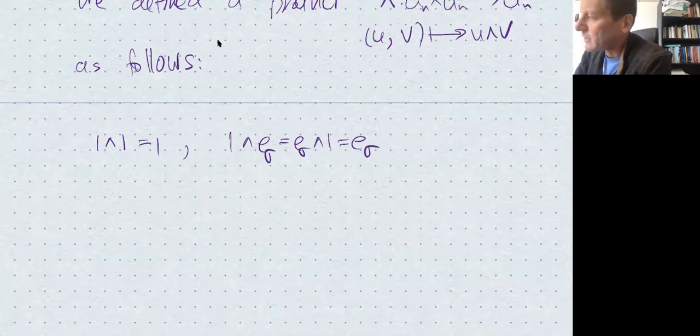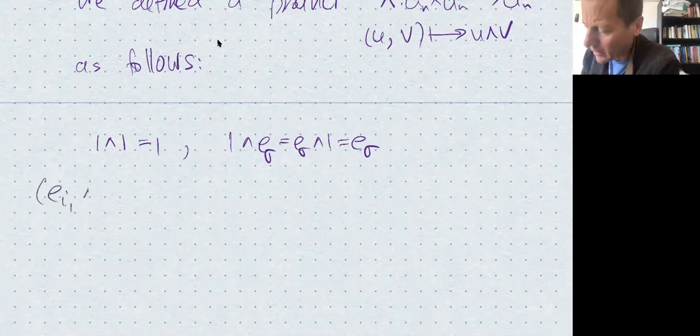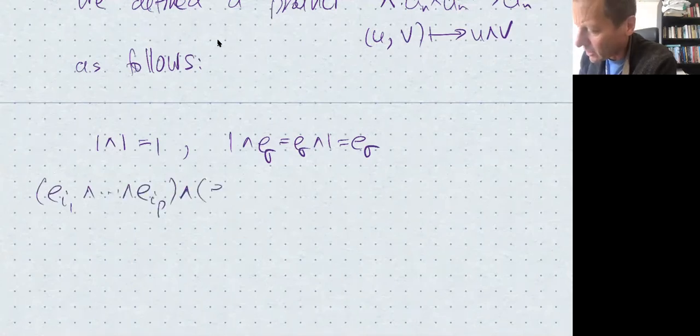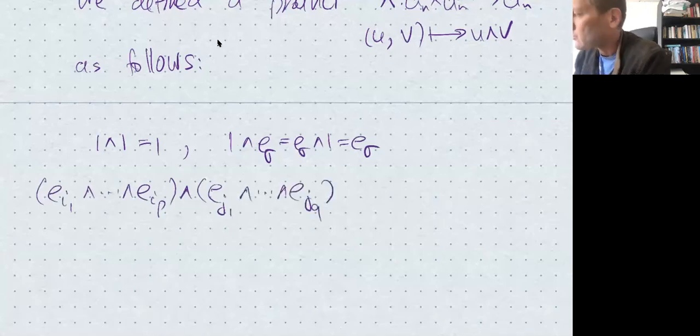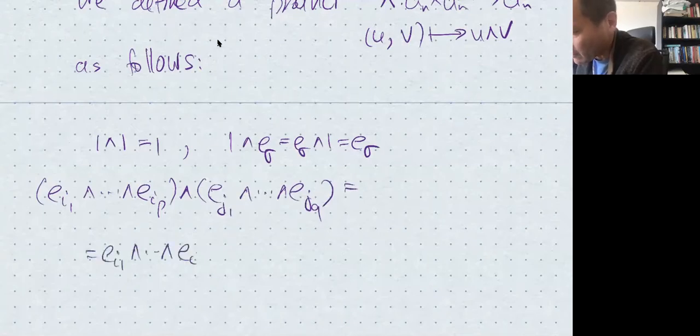And then I need to define the product on these E sigmas, and I define it as follows: E_I1 through E_IP, wedge E_J1 through E_JQ, is just defined to be what you think it is.